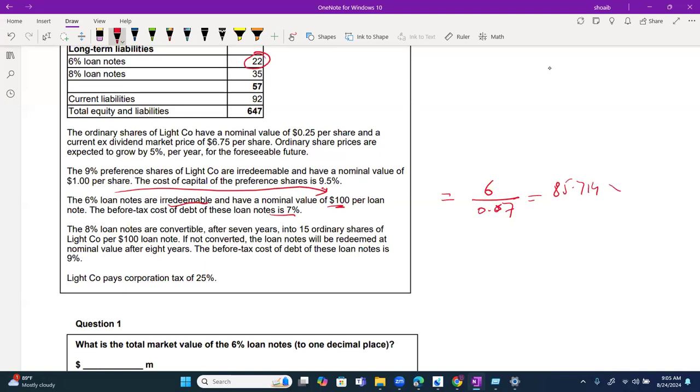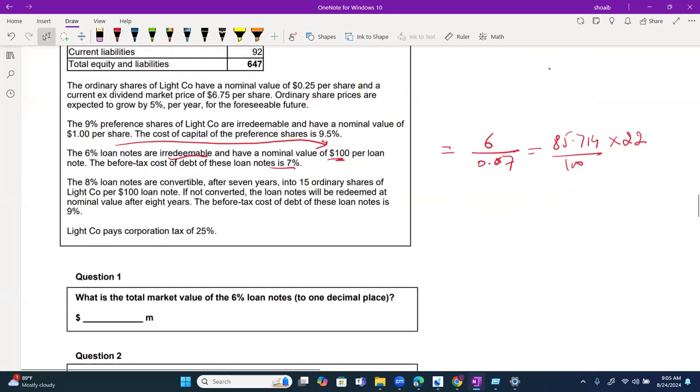Total bond is 22 million. $18.86 to one decimal place. 18.9. 18.86 is 18.9. This is important. My answer was exactly 18.857. So this will become 18.86. 18.86 means 18.9 if we round it off to one decimal. ये भी देख लेना exam में. You have to do it carefully.